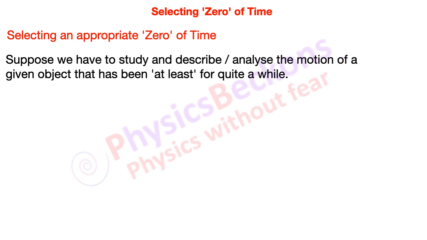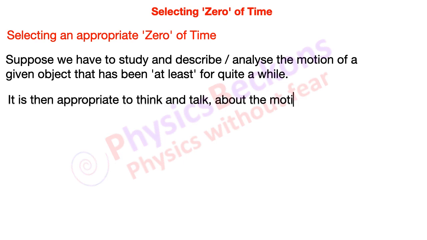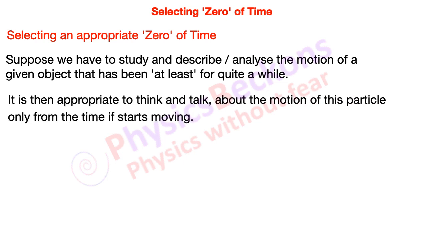Suppose we have to study and describe or analyze the motion of a given object that has been under observation for quite some time. It is then appropriate to think and talk about the motion of this particle only from the time it starts moving.